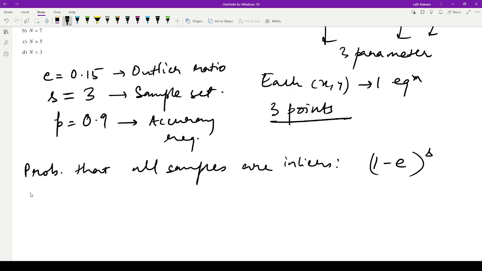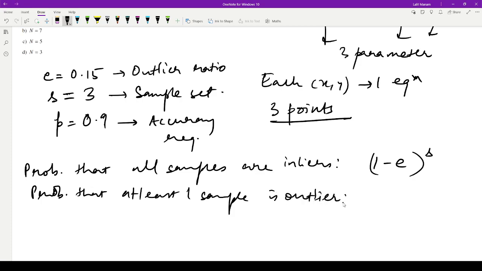So with this, what do we need? The probability that at least one sample is an outlier. How do I get this?